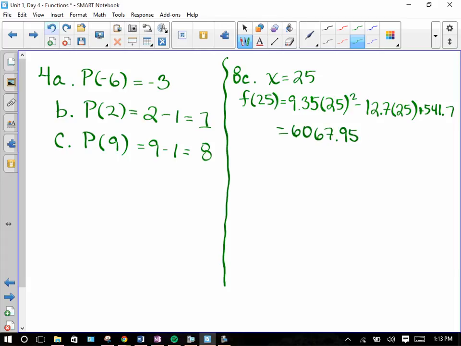6,067.95 million gallons. That's equal to 6.06795 billion.